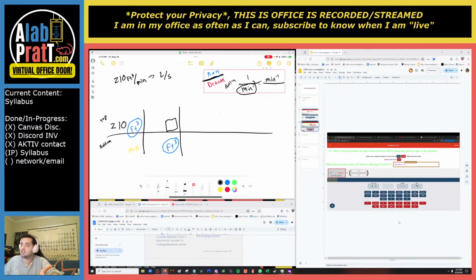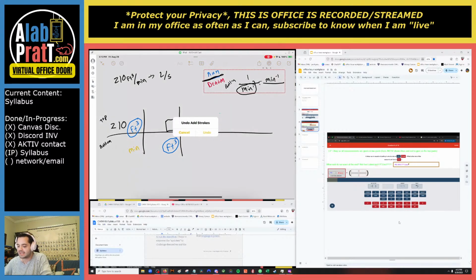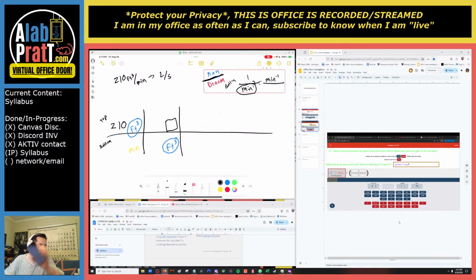And just for anybody watching this later, you have to ask yourself, what does feet cubed mean? Feet cubed is describing a volume. This is an XYZ of something. My cell phone, for example, has a height, a length, and a width. Those are three things I could measure. How much is this in feet? How much is this in feet? How much is this in feet?